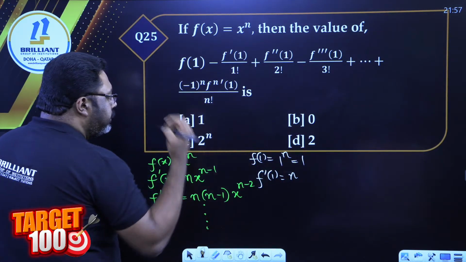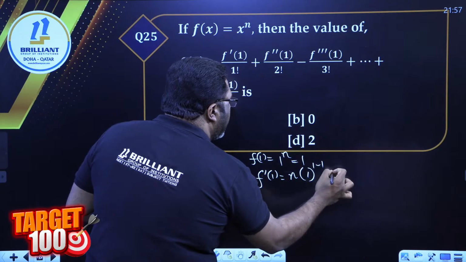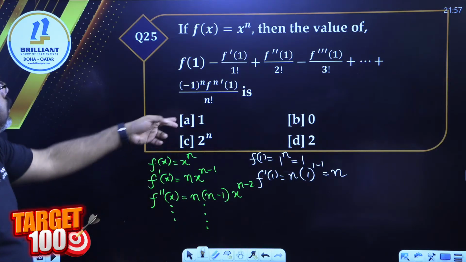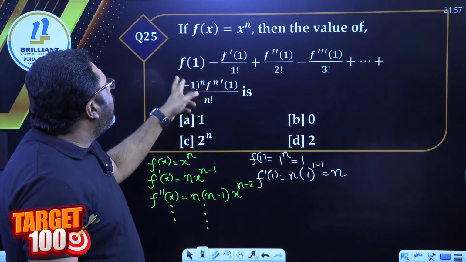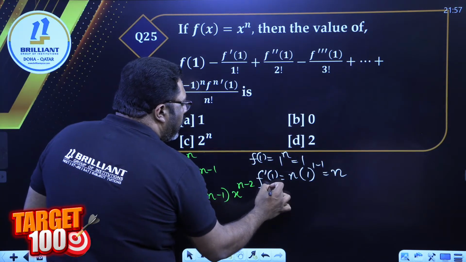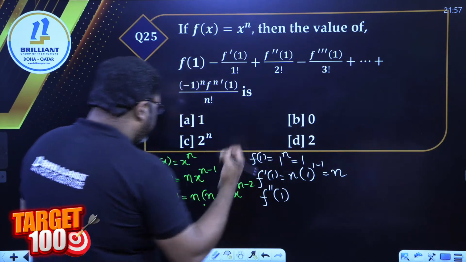N into 1 raised to n minus 1. The answer is n. Now, what is f double dash of 1?